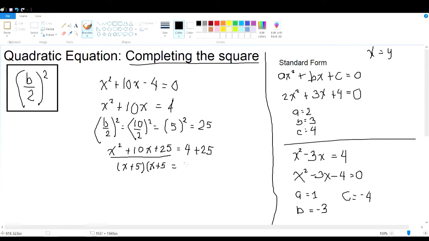Tawag dito, 4 plus 25 is 29. Gaya ng ginawa ko kanina, since parehas silang dalawa, pwede kong i-simplify yan ng x plus 5. Or kung kaya nyo na, kahit wag nyo na ilagay ito, irekta nyo na dito sa x plus 5 squared. So, equal now to 29.